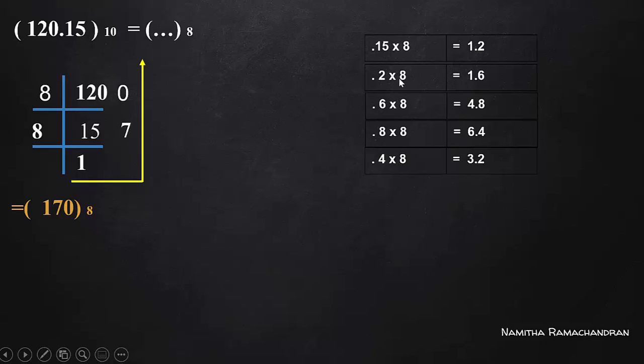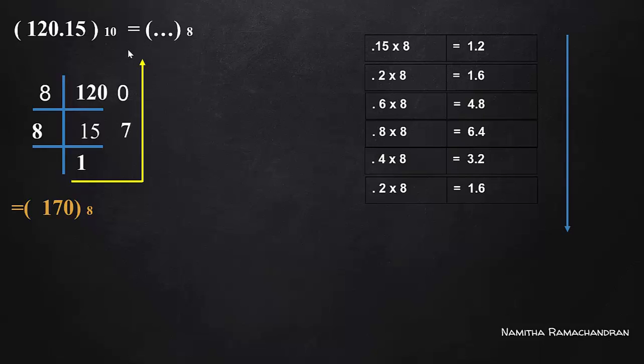0.2 multiplied by 8 generates 1.6, the same 1.6, so it will repeat the same product value. If we continue this multiplication, it will repeat the same pattern. So we can stop here and arrange the whole parts of these product values in this direction to generate the octal equivalent of 0.15.